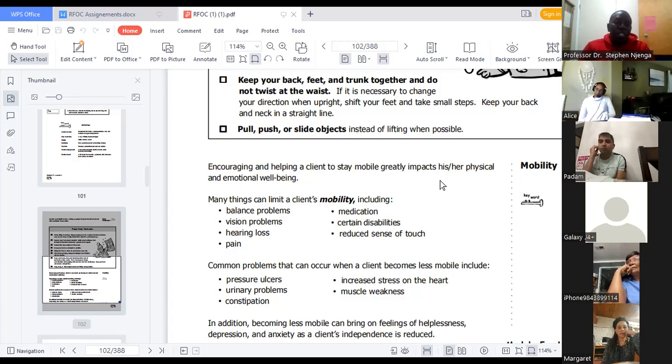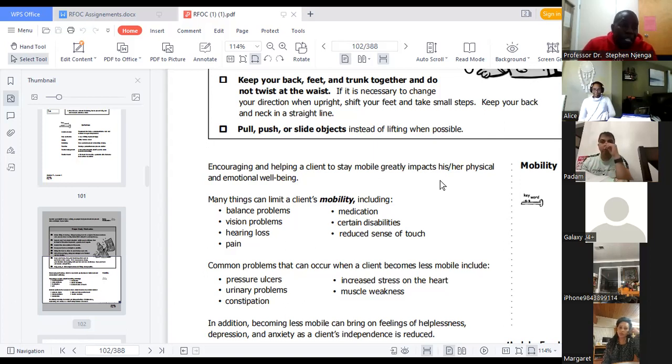So what are the many things that can limit clients' movement? Because we said mobility is about moving. Number one, the clients could be having balance problems. They could be having vision problems. They cannot see well. They could have a hearing loss. So that may also help limit their movement.